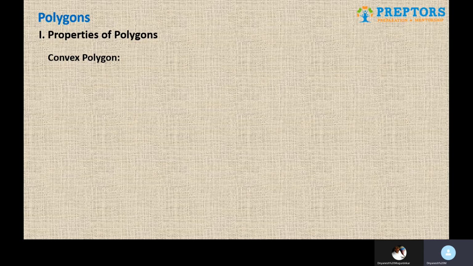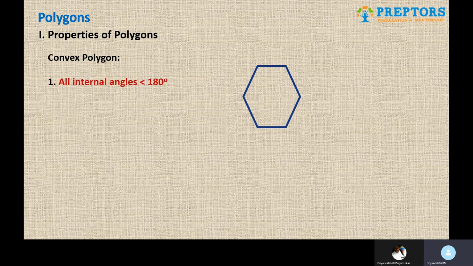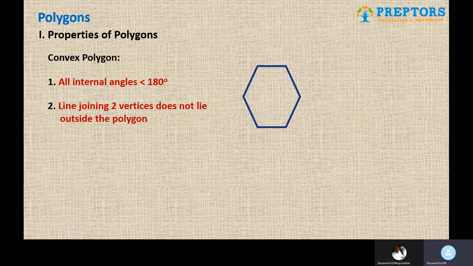So what are convex polygons? Two properties you should remember. One property is that the interior angles, or the internal angles, are all less than 180 degrees. You can verify that via the figure. And the second property is, if you try to join any two vertices, then the line which joins them is going to lie inside the figure.